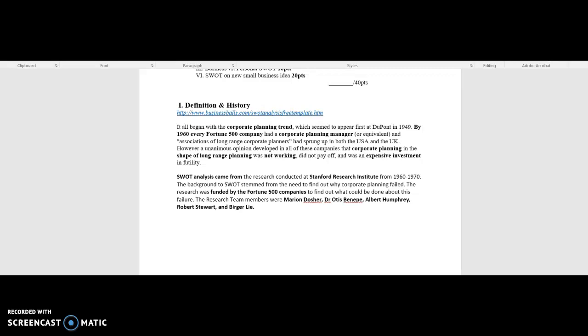So they wanted to come up with a good technique to grow their business and to approach these different business decisions. Okay, again, it's from Albert Humphrey, and it's from the Stanford Research Institute. And there's an article in here if you guys feel the need to learn more.